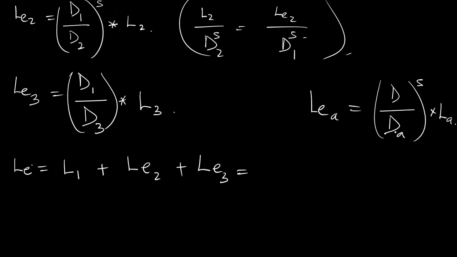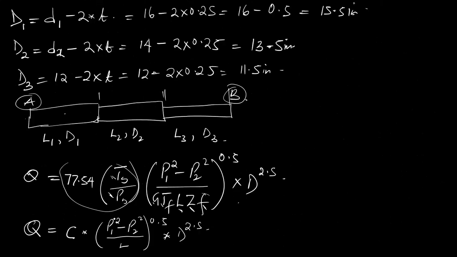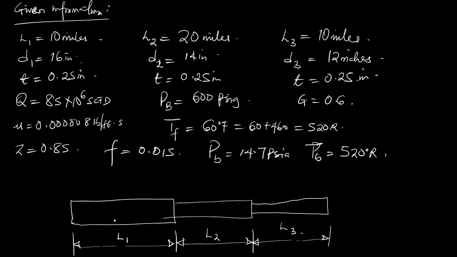But if you're looking for, let me say, LE1, you say D1 all over D1 raised to power 5 times L1. So you see this will cancel out. You are left with L1, which is this. And L1 is what? 10 miles. Yes, 10 miles.